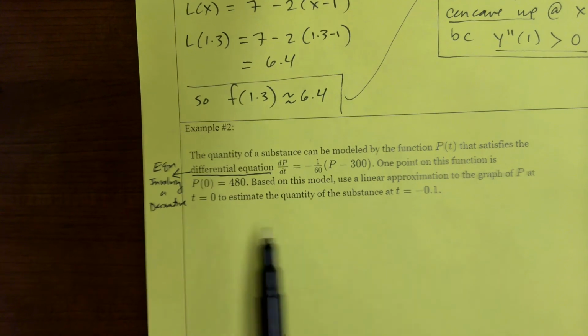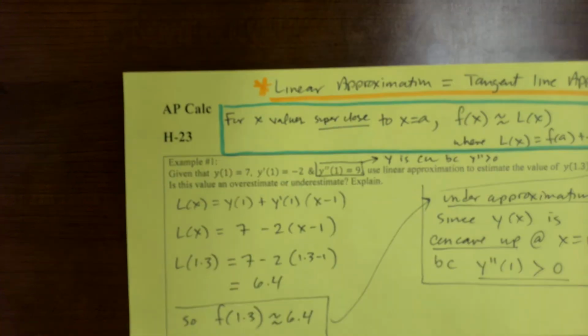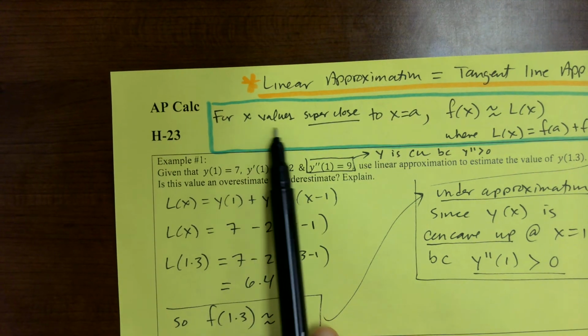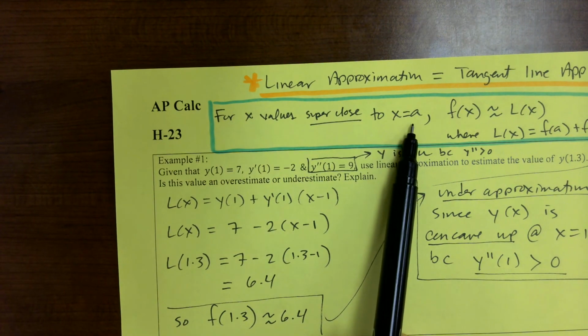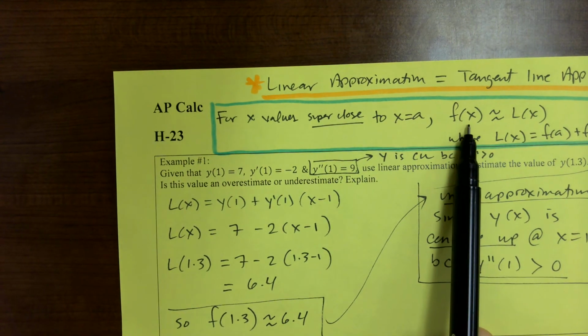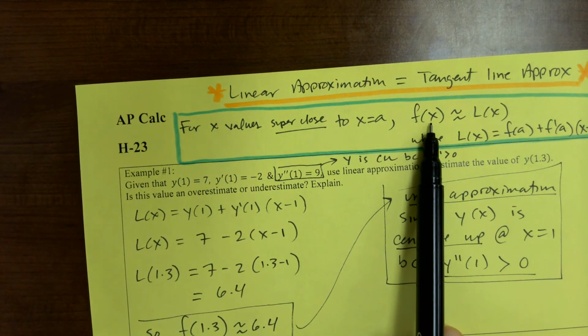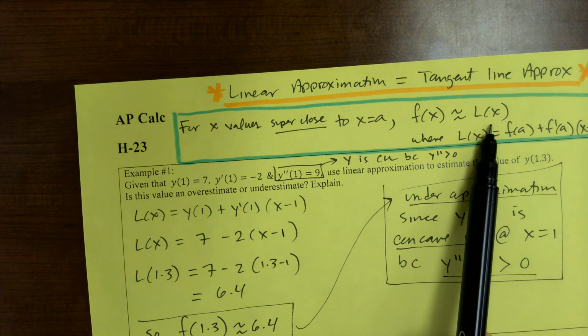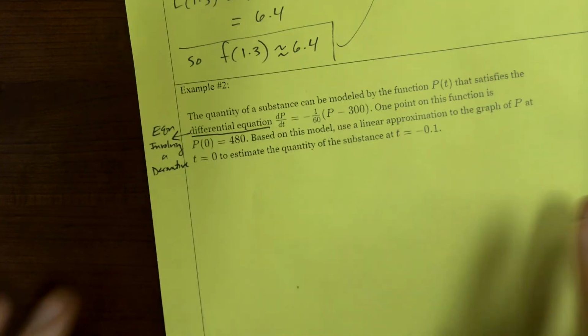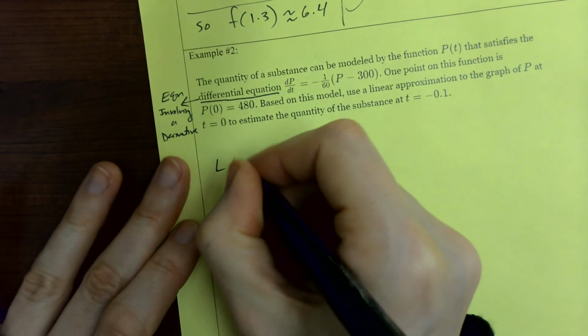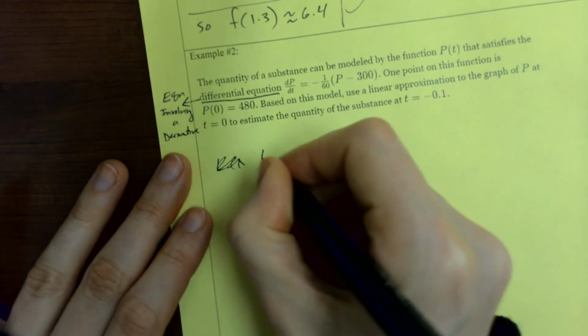Negative 0.1 is close to 0. So for values super close to 0, the function values themselves are going to be approximately the tangent line values. So I go L of t this time.